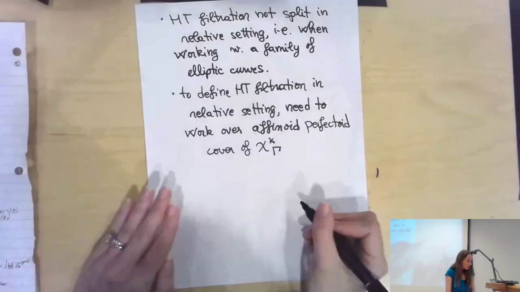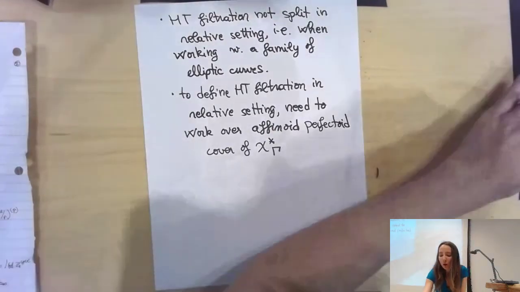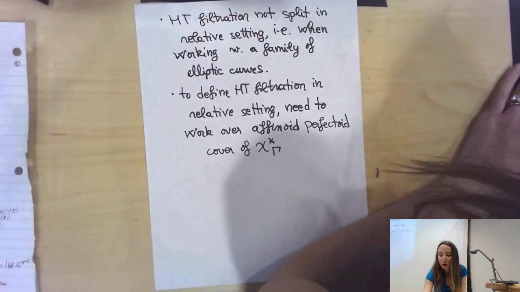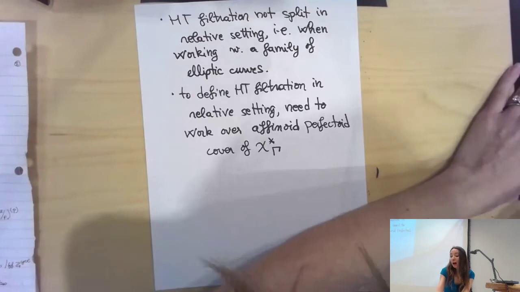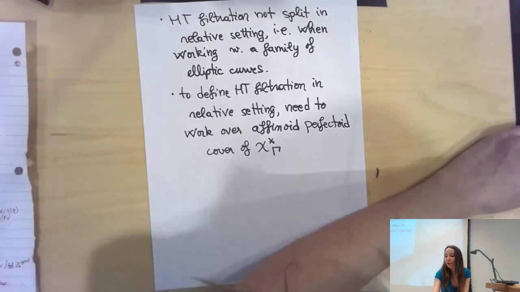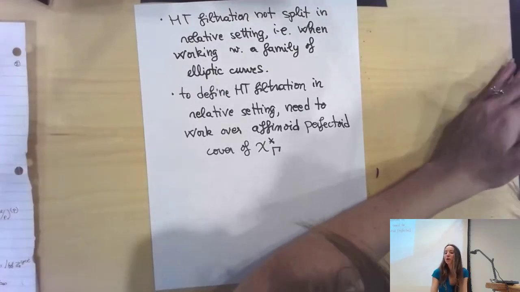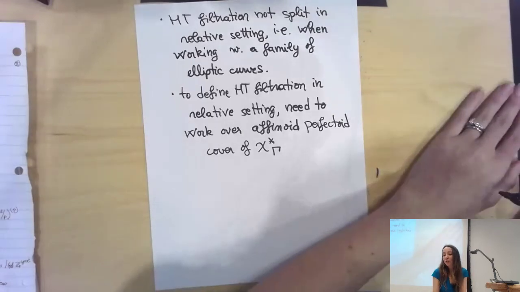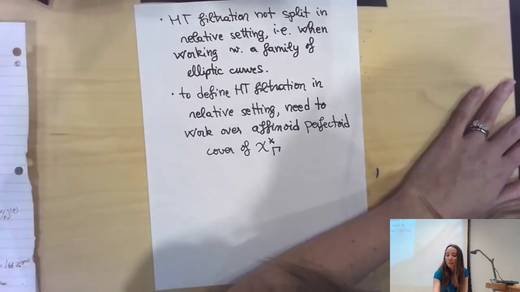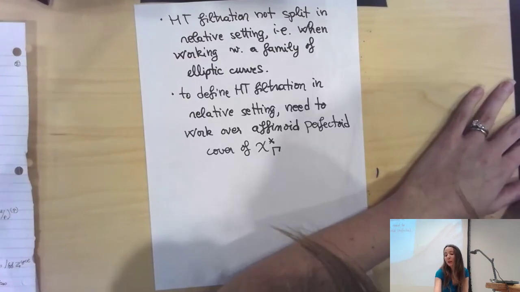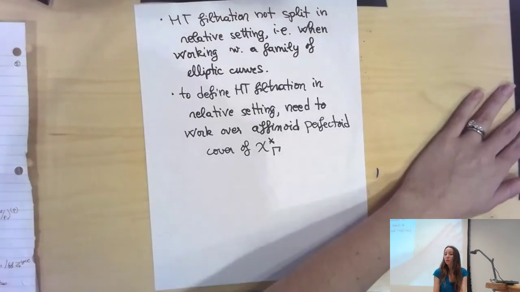And so maybe another thing to say, we're going to talk more about it tomorrow. You also have a natural action of GL2(Qp) on this flag variety. It's just the flag variety parametrizing lines, so GL2(Qp) changes this line, moves it around. And another thing that's important about the Hodge-Tate period map is that it's equivariant with respect to this group action.